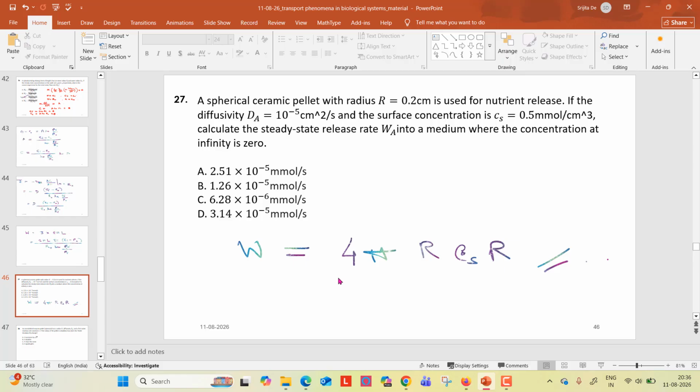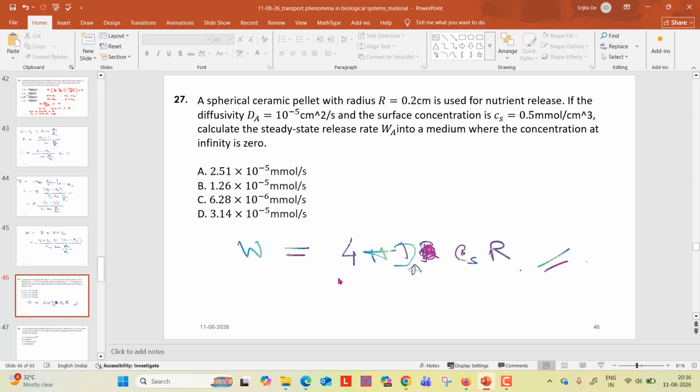Now the diffusivity D is given, and the concentration Cs is also given.